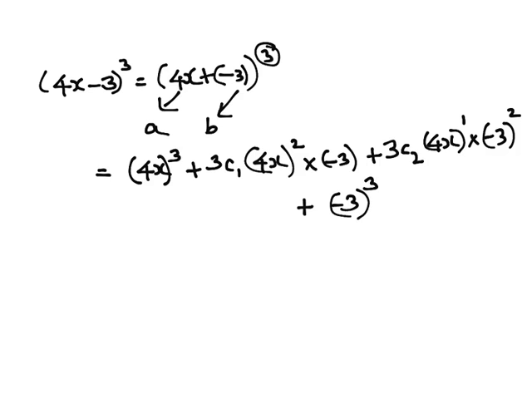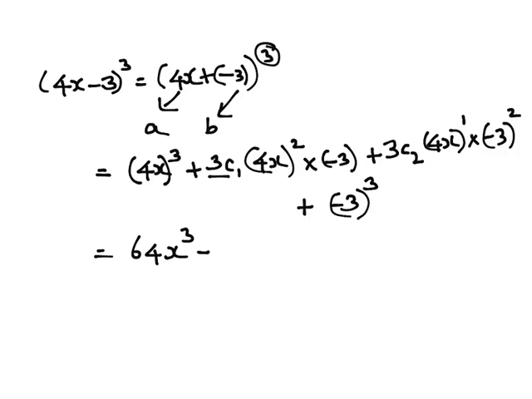So you'll get 64x³ plus, it will be minus, you'll get 3 and you get 3 here and then 3 minus 3, so 9 and then 16.